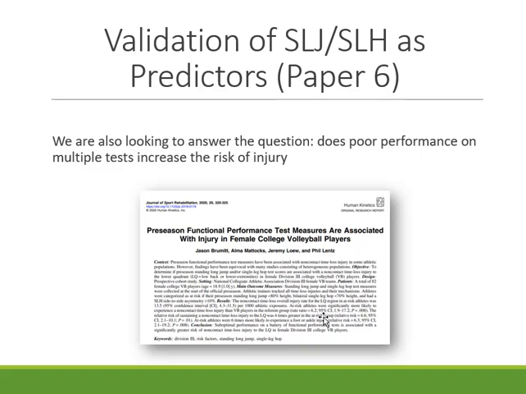And then we need to find athletes who do bad and train them and no injuries will ever occur. Well, what happens a lot of times is when there are follow-up validation studies, there is not a similar finding. Or there's no finding at all, no association.